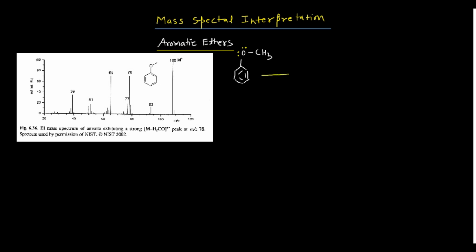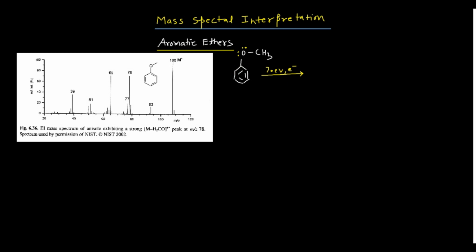When we bombard this sample of aryl alkyl ether, or simply anisole, with 70 electron volt electrons, what will happen? One electron from this system will be knocked out, either from the lone pair or from the double bond.